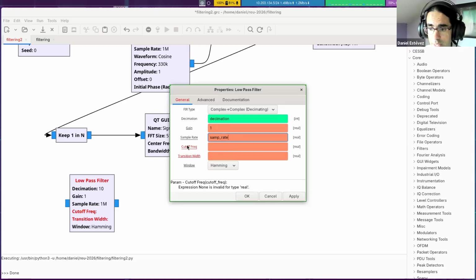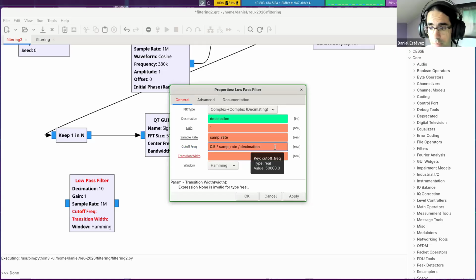Then the sample rate. This is the input sample rate, very important. And then the cutoff frequency. This is where the filter begins removing frequencies. We said this was at 50 kilohertz, and I could fill in 50 kilohertz here, but I usually like to enter the same formula, which is 0.5 times the sample rate divided by decimation. And you will see that in this case, it works out to 50 kilohertz.